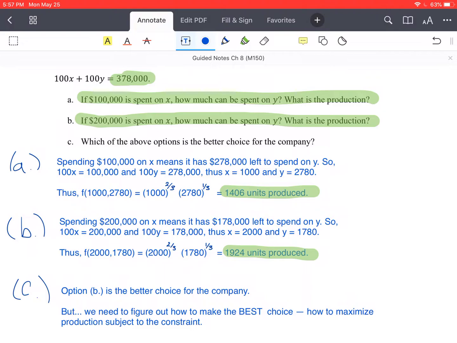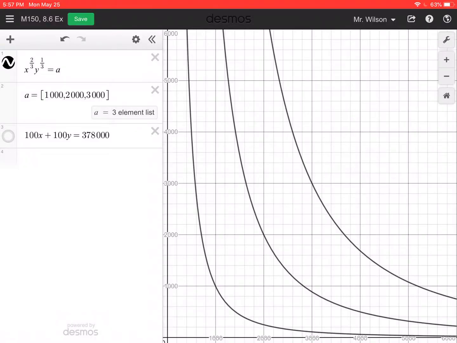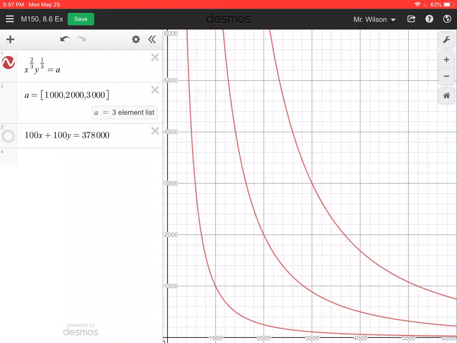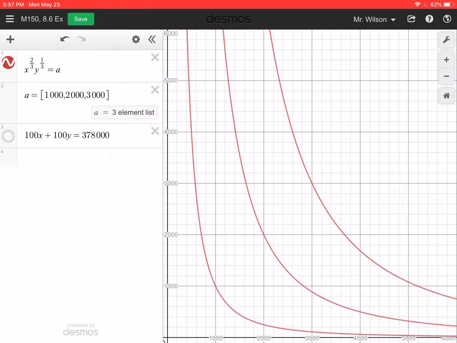Okay, so let me just show you what this looks like on a graph, so on a contour diagram. So here we are on Desmos. So notice up here I have my function. This is our production function, and those give us a few contours. So I have a contour here at 1,000, at 2,000, and at 3,000. Those are the production values.